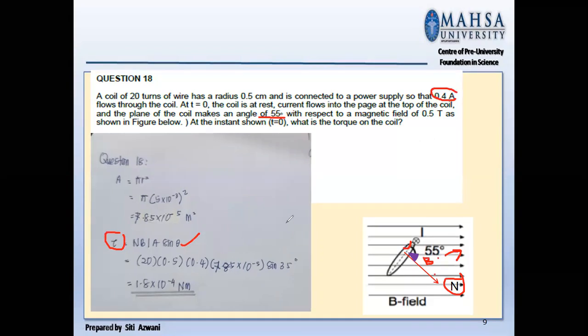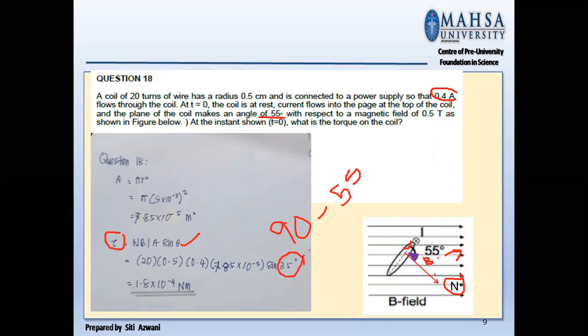You need to minus 90 degree, to get 5 degree. So the value of your angle you need to substitute into your formula is 5 degree.